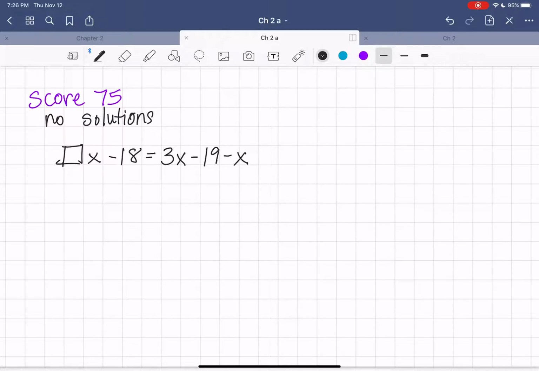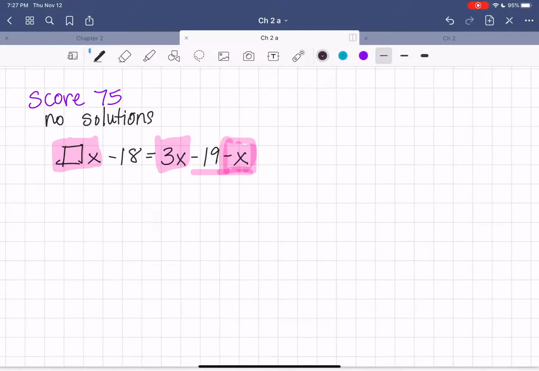Okay, this is the same kind of deal. Got my box, and it's multiplied by my x, so it's going to need to cancel out, right? So then I've got 3x over here, but then I have to scan the rest of it, and I say, oh, there's another x over on this side.